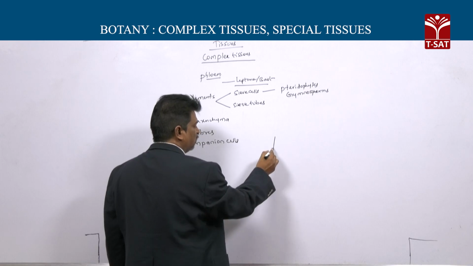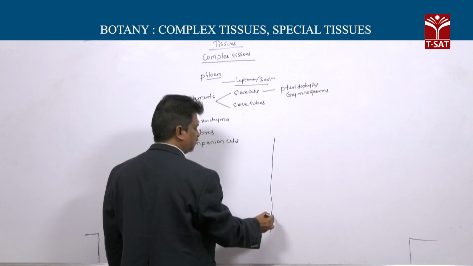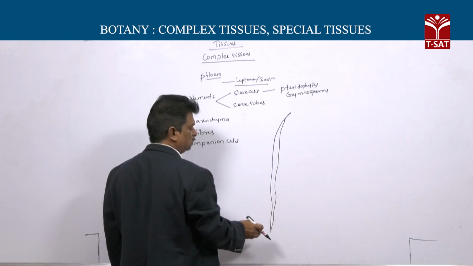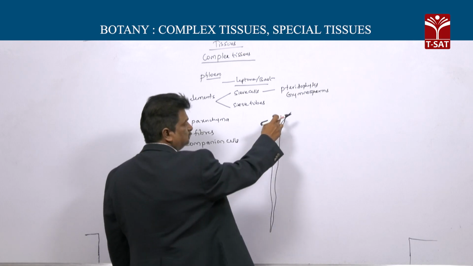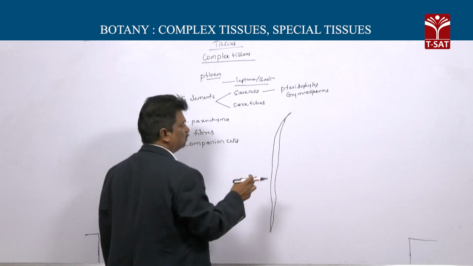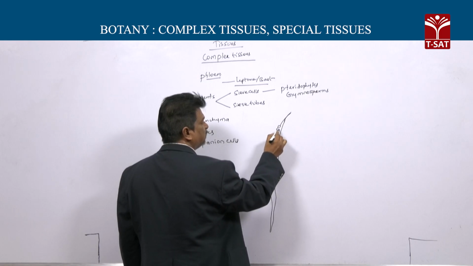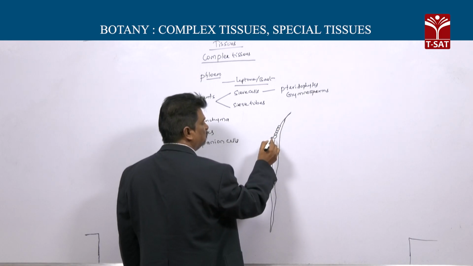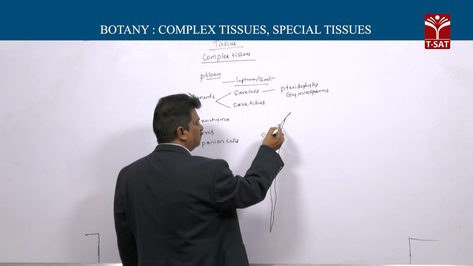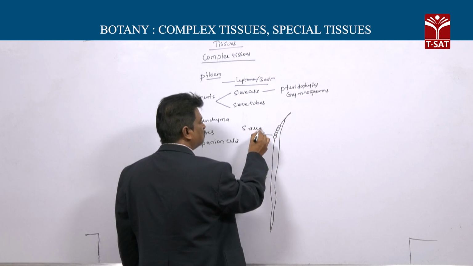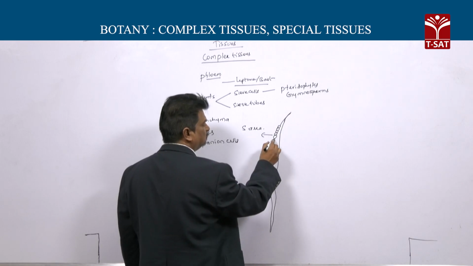What is a sieve cell? A sieve cell is an elongated cell. Like a tracheid, a sieve cell is also an elongated cell, and its end walls are narrow or closed. Then the lateral walls contain sieve pores, and an area with sieve pores is called a sieve area.